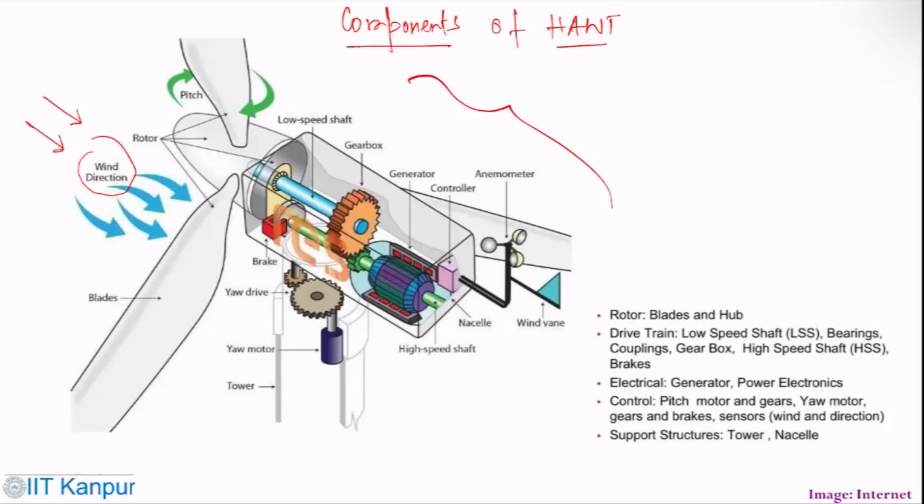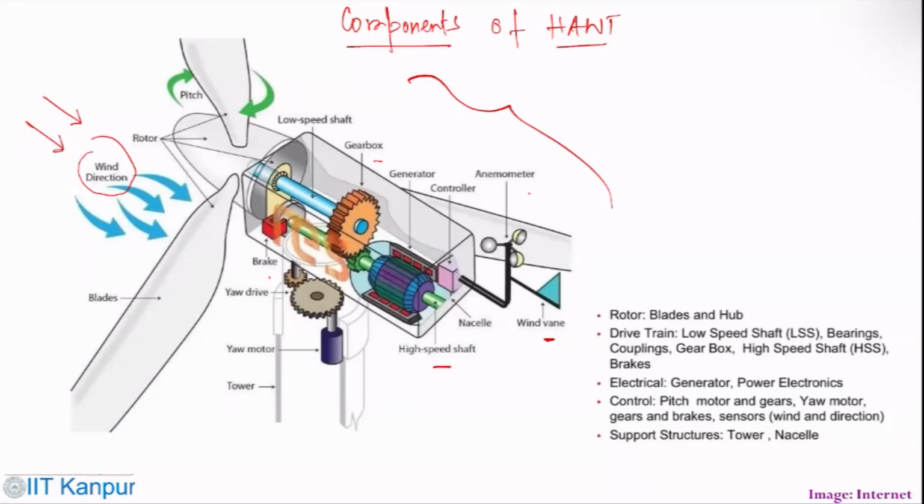This is how the pitch motion can happen. You have the low speed shaft, the gearbox, generator, controller, anemometer, wind vane, high speed shaft, brakes, yaw drive, yaw motor, and then the tower and all this.